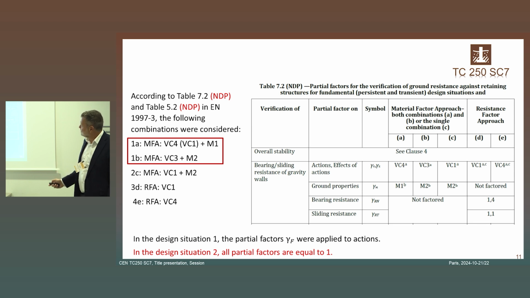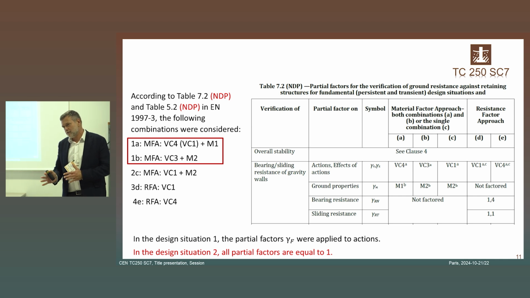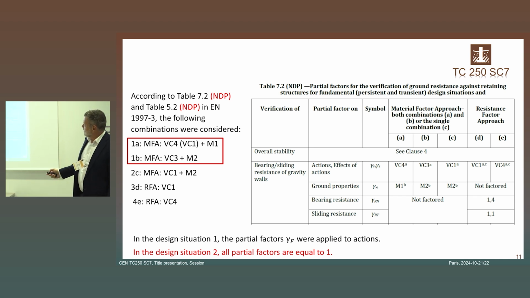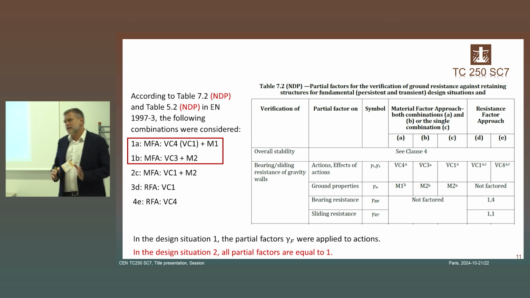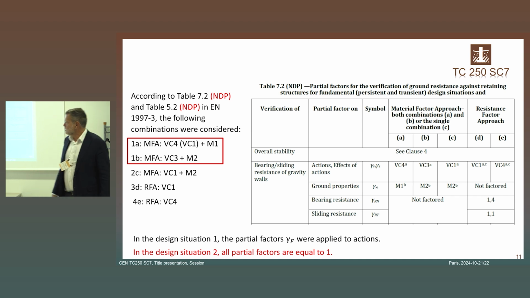These are detailed here in terms of combination between the factors that we apply on actions and on materials or resistances. So basically we have these 5 possible combinations. In particular, the first two, 1A and 1B, are to be used together, meaning that we have to repeat the calculation with both combinations and take the worst condition, and in alternative we can use one of the other 3.